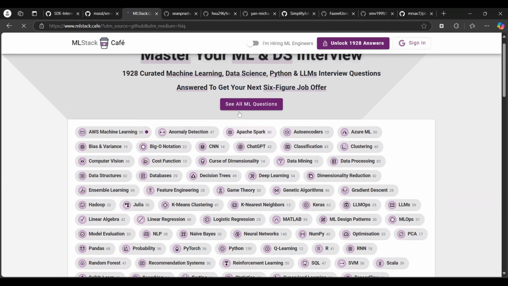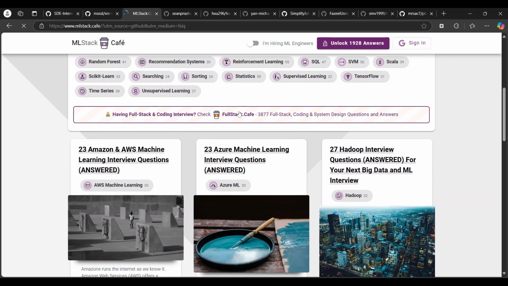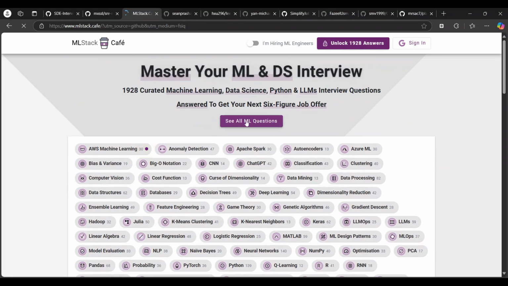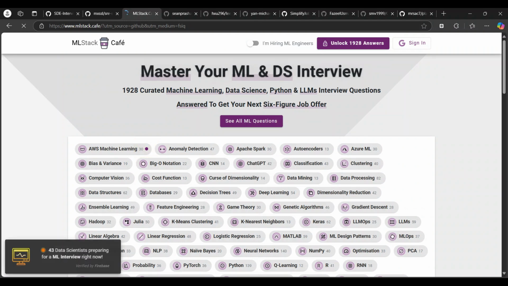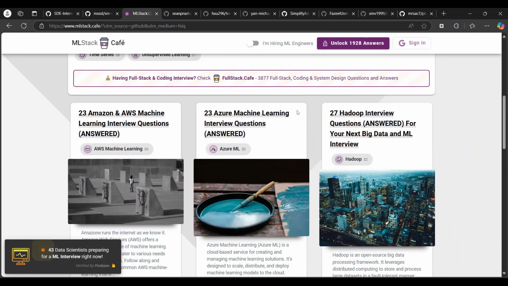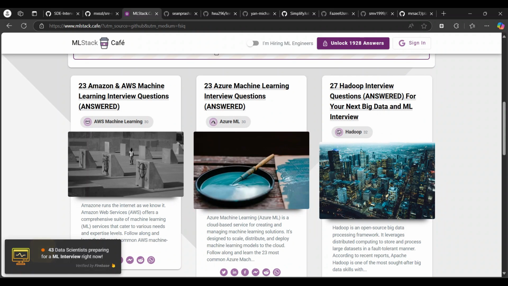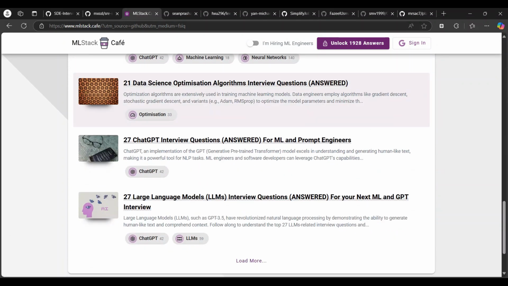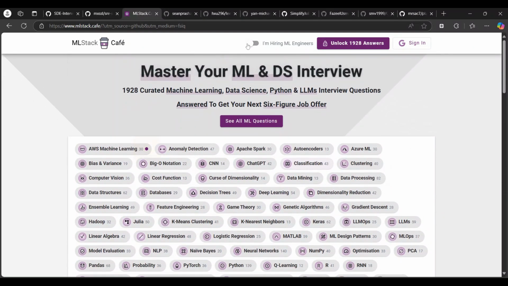They have this other website also, where you can learn about ML and DS. If you are into ML and DS, you can click and learn about various topics that are needed for interviews, and prepare from this website also.